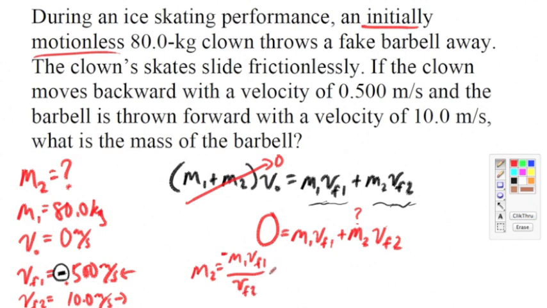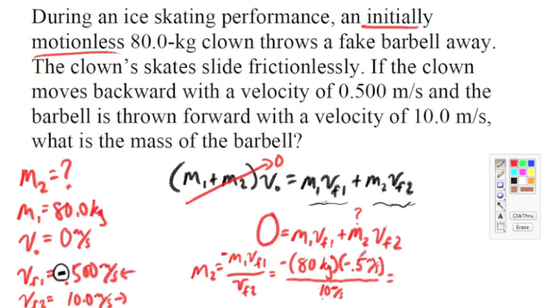It should make sense, I hope, that what we're doing here is basically taking the backwards momentum of the clown, mass times that backwards velocity, and we're just dividing out the velocity of that barbell, knowing that we have the momentum on top, divide out the velocity, and we should get mass.